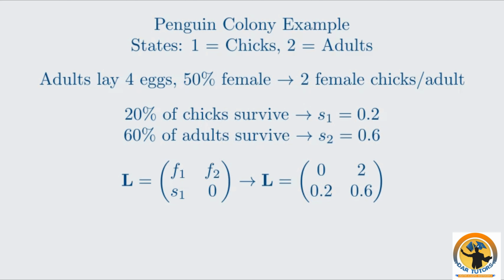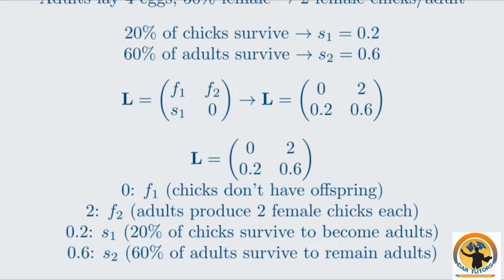But since we only have 2 age groups, it's just the survival of adults to stay adults, which isn't part of the standard Leslie matrix structure. Instead, the problem gave the simplified matrix L equals 0, 2, 0.2, 0.6.